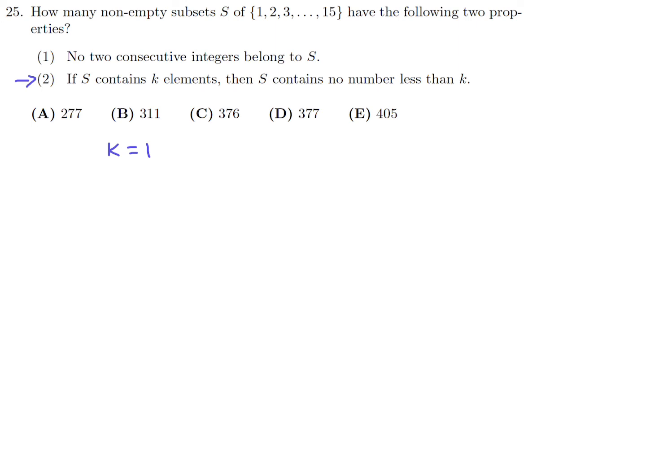Well, there is no number less than 1, so it looks like the set can be any of these numbers. From those numbers, you can choose any of them and choose one number as your set.